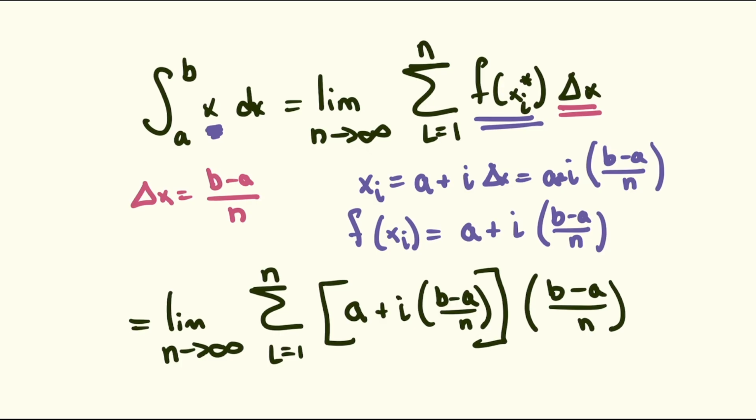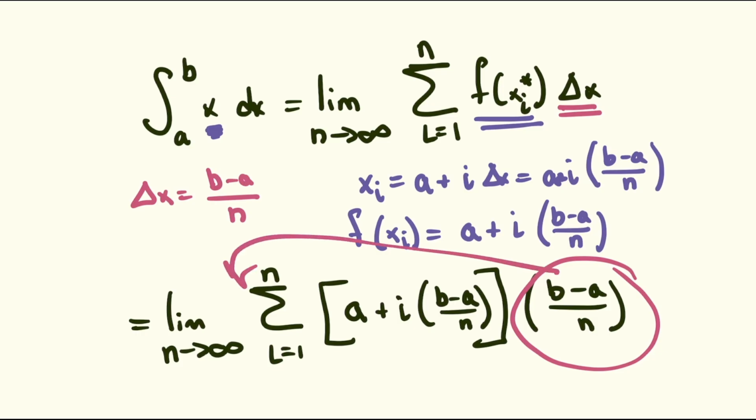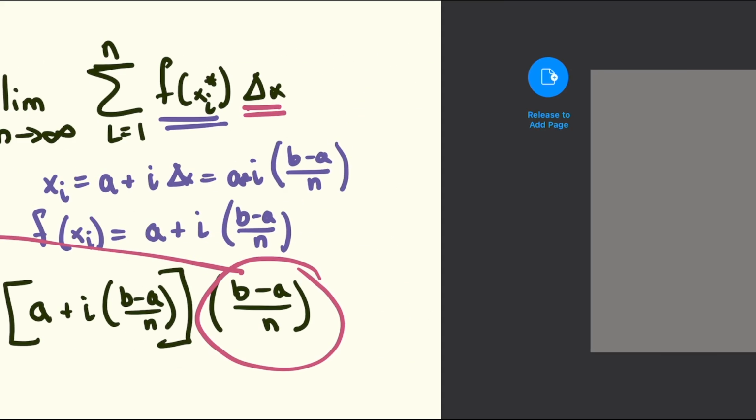The next thing that we're going to do is a bunch of algebra. We're going to start by taking this element right here and bringing it all the way out, because you'll notice there's no i values in it, which means that it's not going to be affected by the summation. So we can pop that all the way on the outside.